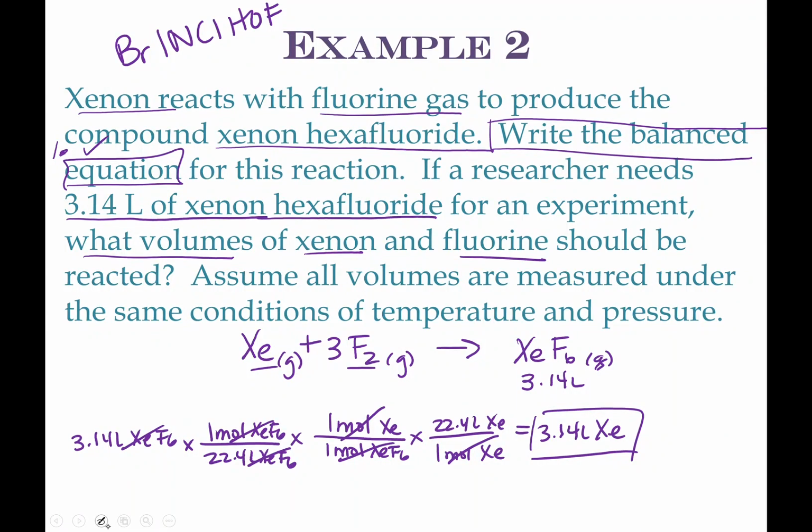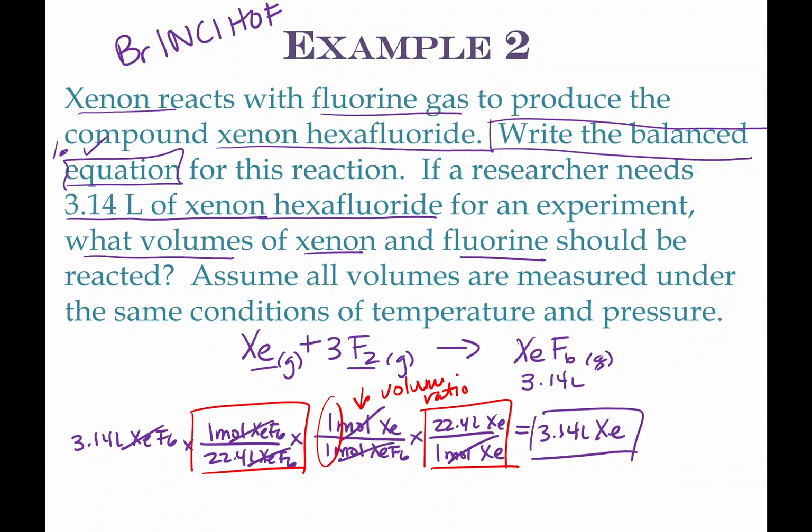But I would like you to take a look at this. I divide by 22.4 and I multiply by 22.4. And the only thing I did in the middle that was different was I multiplied by the mole ratio. But if you look back a couple slides, we went over how that mole ratio could also be considered for gases a volume ratio. So we could put this as a volume ratio, which I'll show you how to do with the next one.